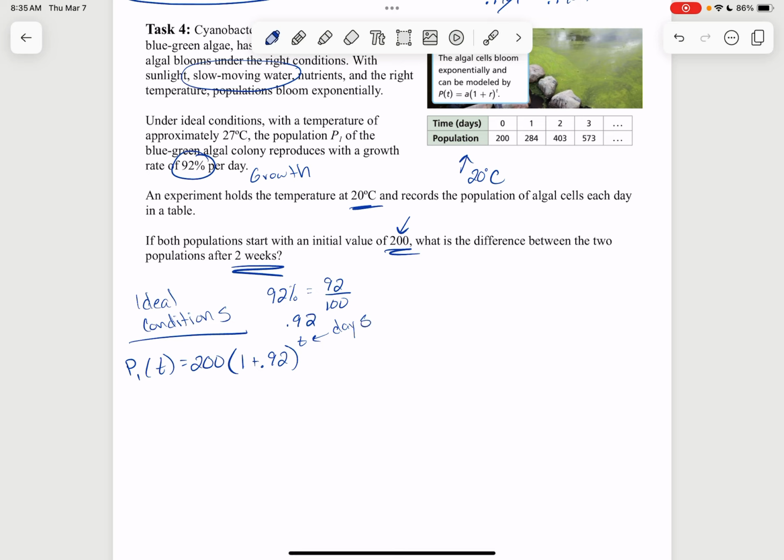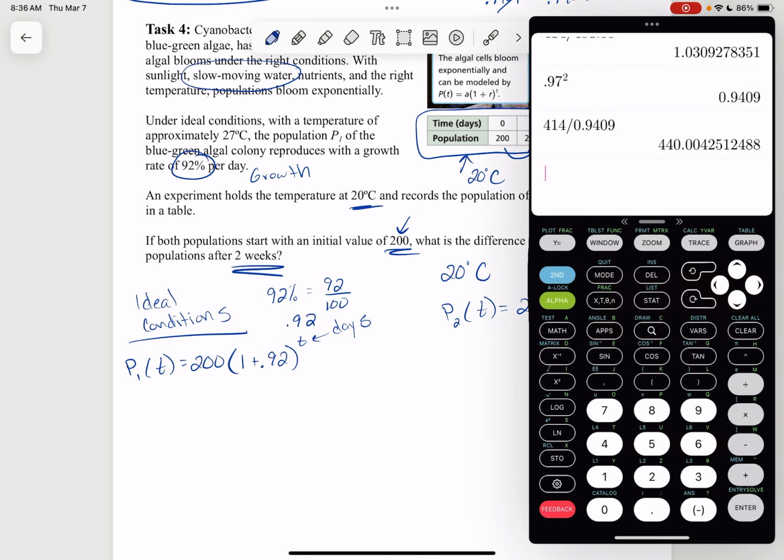Okay, let's go ahead and create an equation for this one. So with 20 degrees Celsius, we'll start at P sub 2 of t. Again, we're starting with 200. I need to find this growth rate from 0 to 1. How much is it going up? So that would be a multiply.